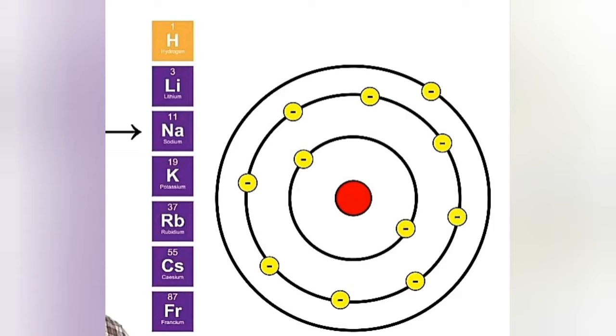As you go down the table, you gain a shell each time. But whichever is the outermost shell, there is only one electron on it. Every element in group 2 has 2 electrons in its outermost shell, and so forth.